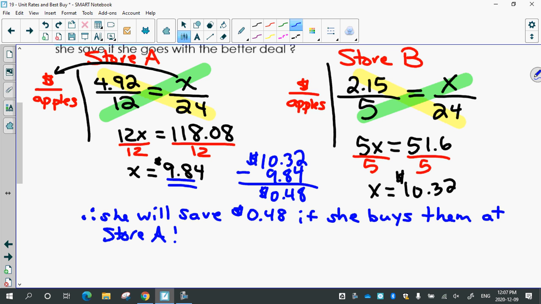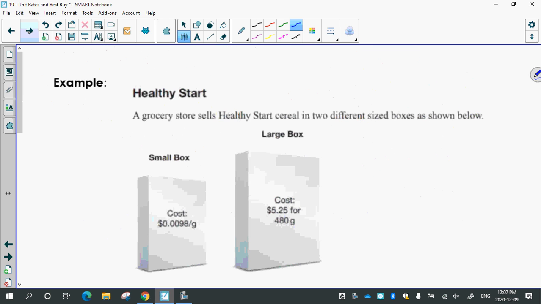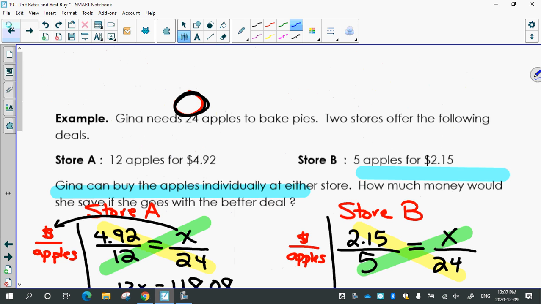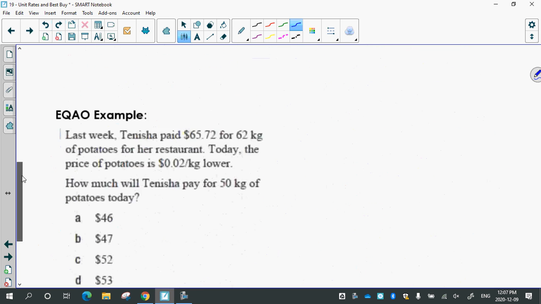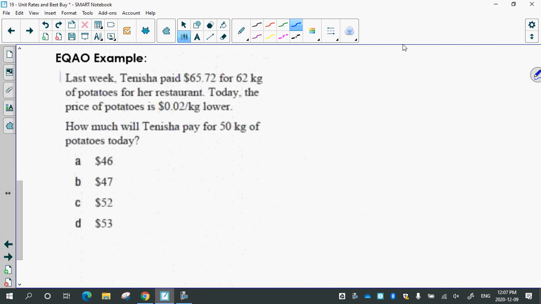All right, then. Next question. When this one was on EQAO, it stopped some people. I don't know why it does that. Okay. It's a multiple choice question.